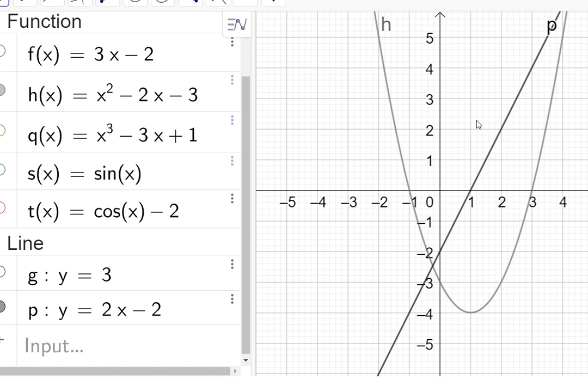But the key thing we have to spot here is what is the root of this equation? Y is equal to 2x minus 2. Well, that's going to be where dy dx is equal to 0. And this is our key point that we need to recognize. The minimum point in our quadratic is where dy dx is equal to 0. We're effectively finding the root of the derivative function.